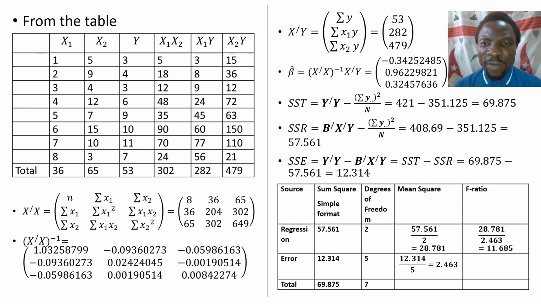That will give us 408.69 minus 351.125, which will eventually give us 57.561. It's common practice to obtain our sum of squares error by subtracting the sum of squares regression from the sum of squares total. That will give us 69.875 minus 57.561, which is 12.314. So we can then fill in our ANOVA table that way and then obtain our F ratio.